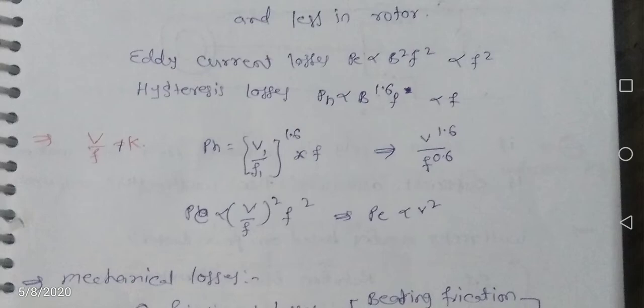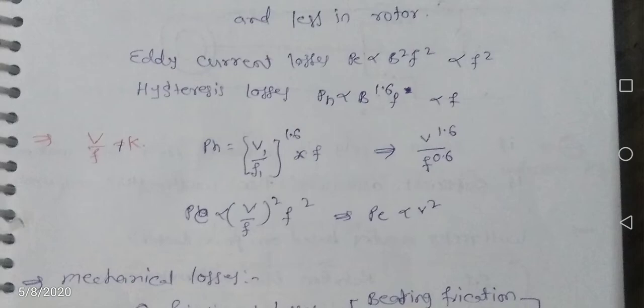In place of B, substitute V by F, because B maximum equals V by F. From the transformer equation, E equal to 4.44 F phi. In place of phi, replace phi with BA, where B is the flux density and A is the area.